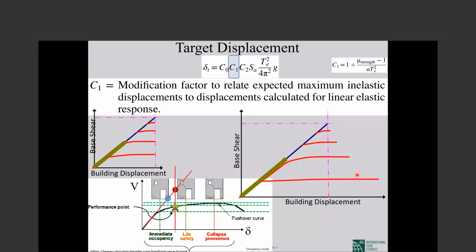This happens mainly for buildings with smaller period. There are buildings that are stiff, their period is smaller. And the period that is the threshold between these two behaviors is usually the TS, the period of the soil. If the building's period is more than the period of the soil that the building is built on, they call it equal displacement. If it's less, they call it equal energy.